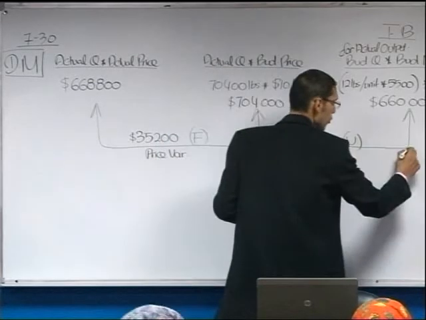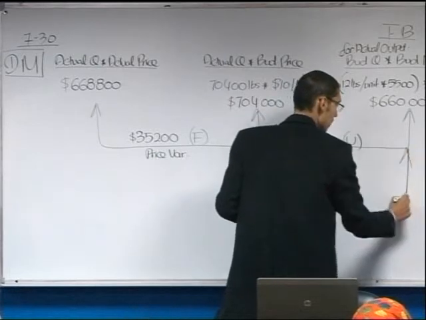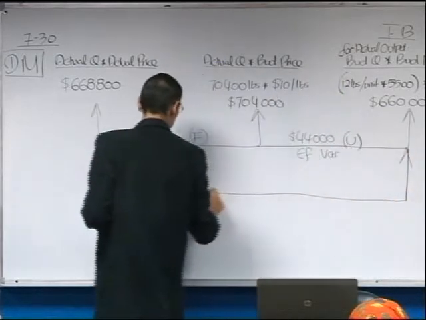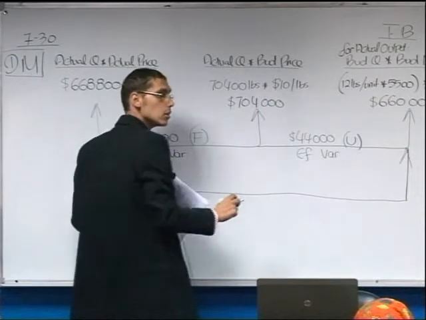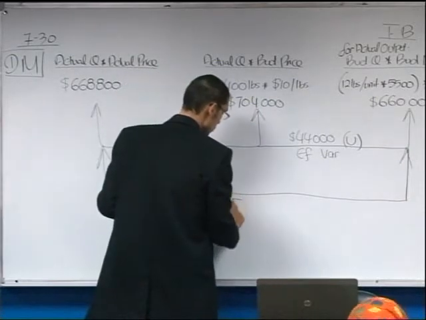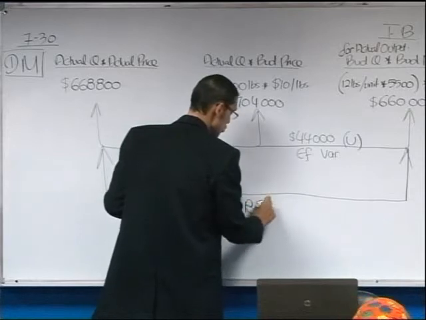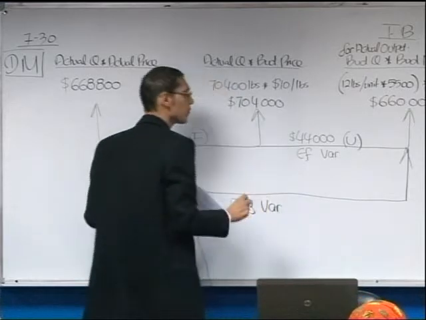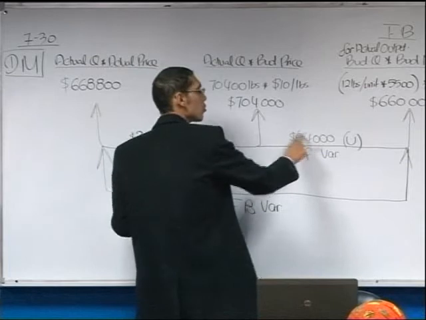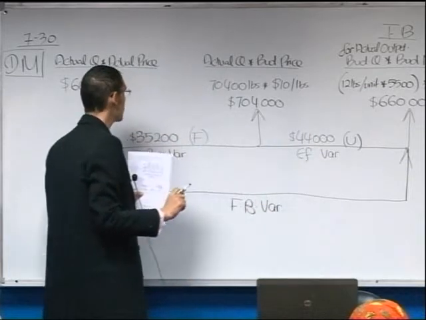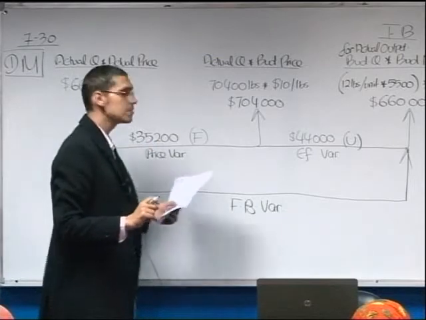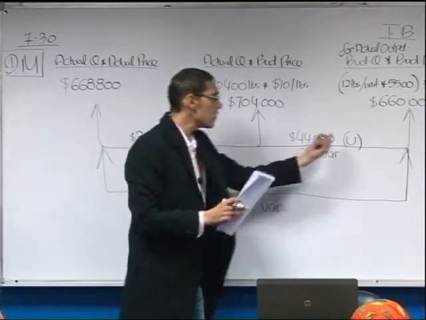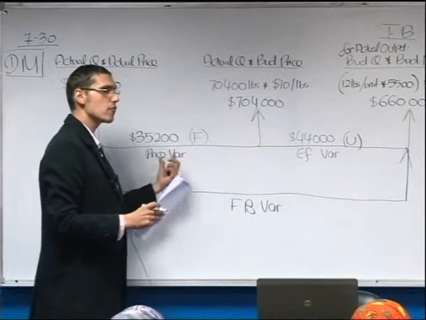Of course, both the unfavorable and favorable variances would add up to the flexible budget variance. As we can see here, we have $44,000 unfavorable efficiency variance. We have $35,200 favorable price variance. We have the unfavorable more than the favorable.